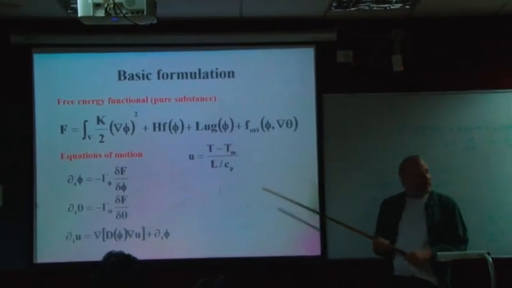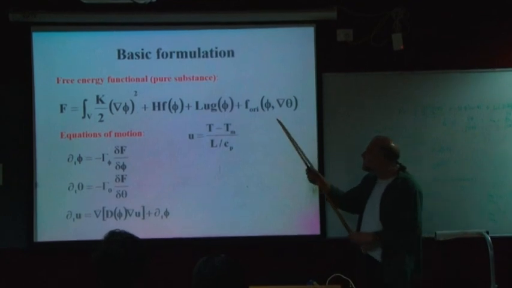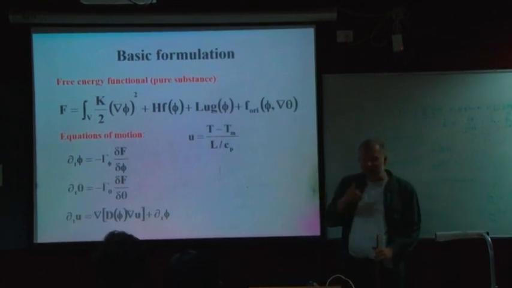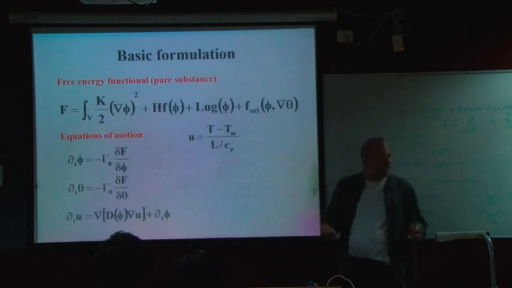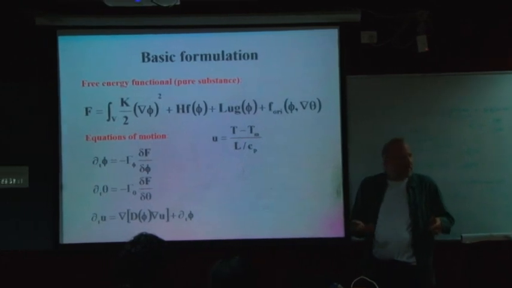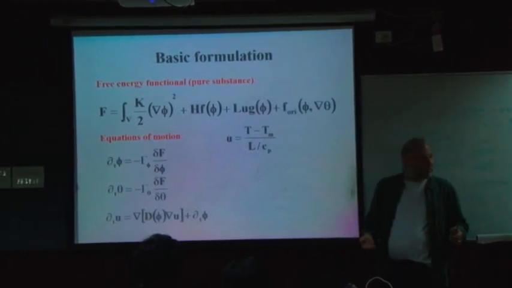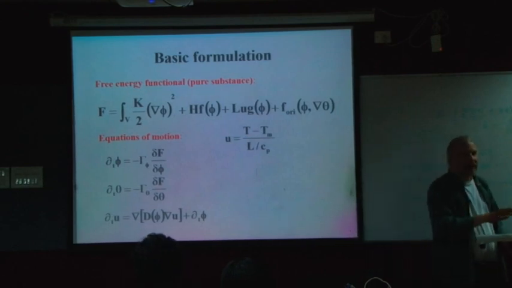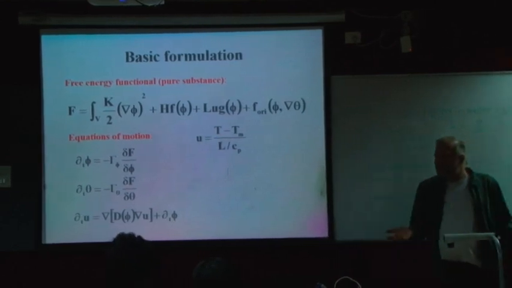I can go through all the arguments, but the difficulty comes from the fact that, if you're speaking about a phase, you can set up a double well potential because you have two distinct states that are described by phi equals 0 or phi equals 1. Now theta is an orientation, and you have no predetermined favored orientation.